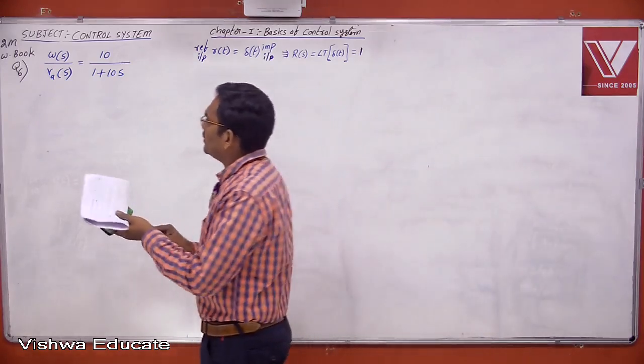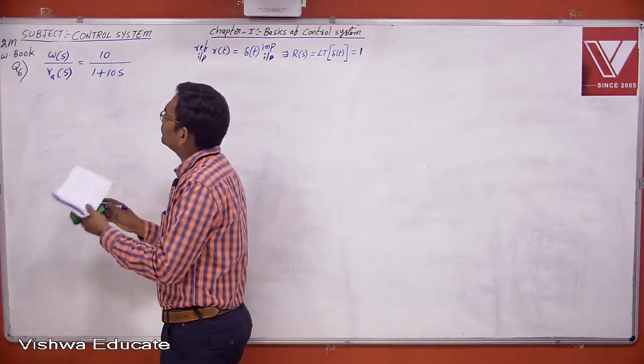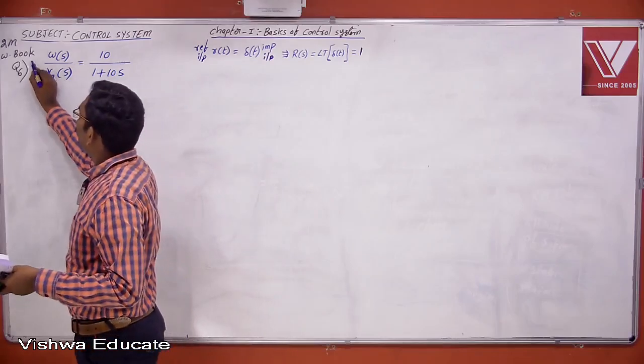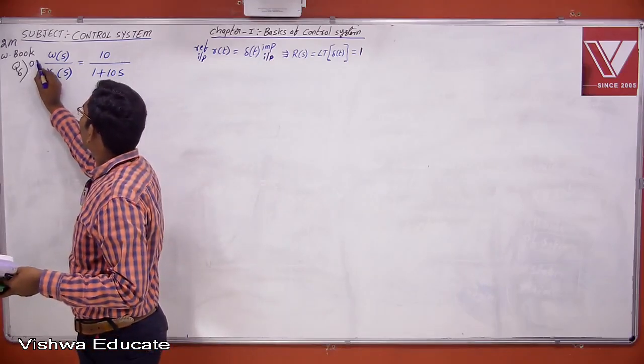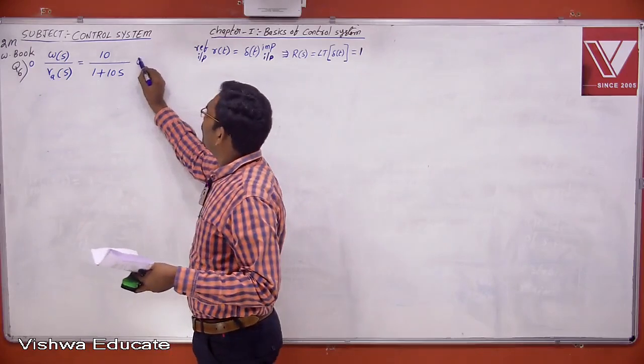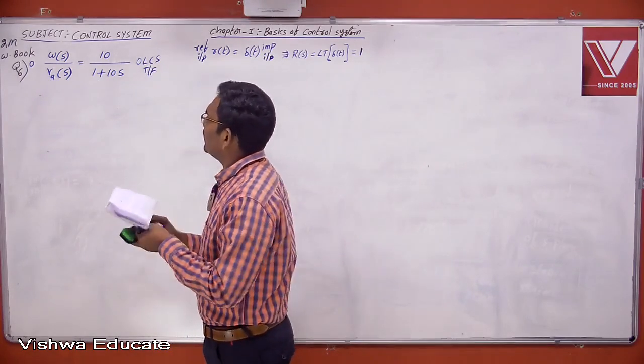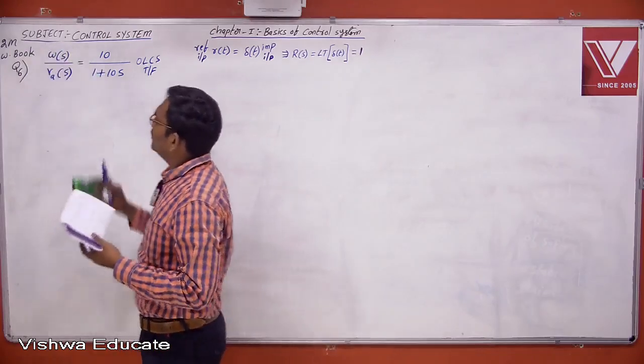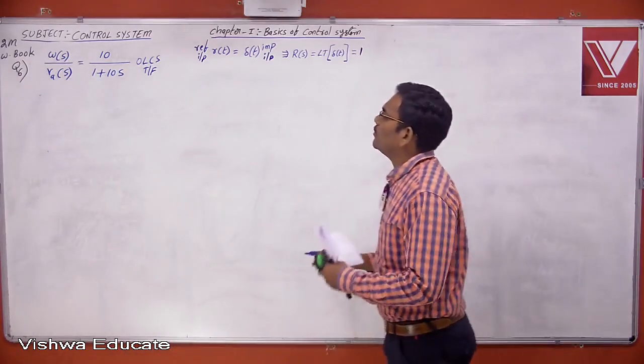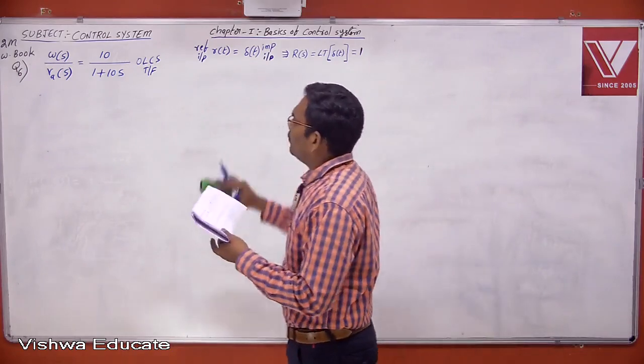This is the open loop control system transfer function, which is given to you. So from here, first you want to find the time constant. What is the time constant?